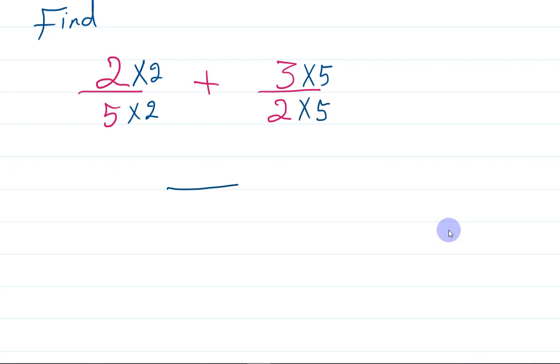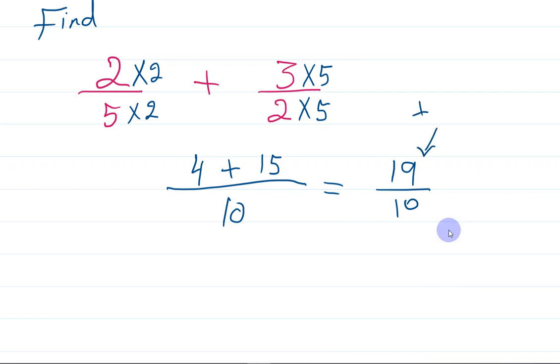So now I have a single fraction. 5 times 2 is 10, 2 times 5 is 10, and 2 times 2 is 4, plus 3 times 5 is 15. So 4 plus 15 is 19/10. What is this fraction called? We call it an improper fraction.